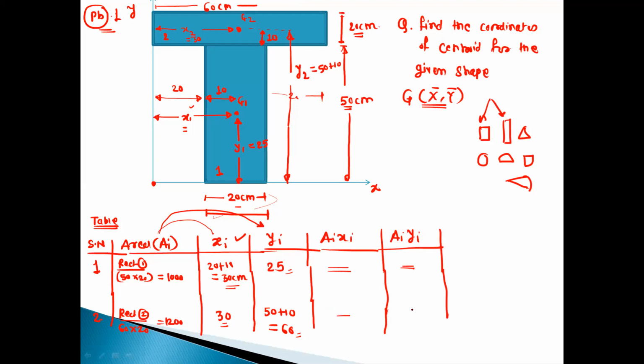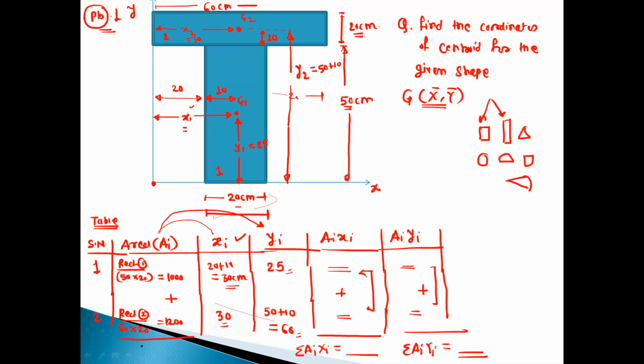So find out all four values. After this, add these two values. This is called summation ai xi. So you will get some answer. And similarly, add these two values, that is the vertical values. So this is summation ai yi. Okay. At the same time, add these areas a1 and a2. So this is called summation of ai.